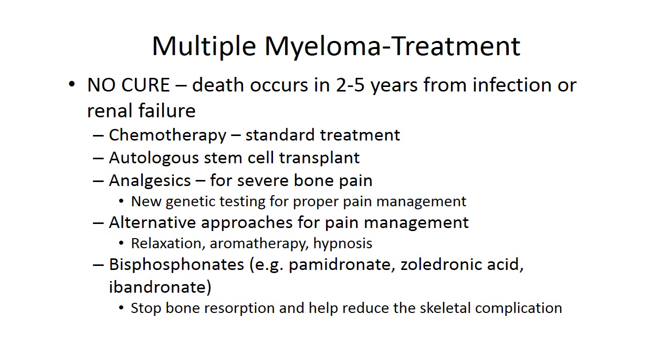Giving them something more is often referred to as breakthrough pain management. We can also use alternative approaches for pain management, such as relaxation, aromatherapy, and hypnosis, and we also initiate bisphosphonate medications such as pamidronate. These medications work to stop bone resorption and help reduce any skeletal complications that can occur.